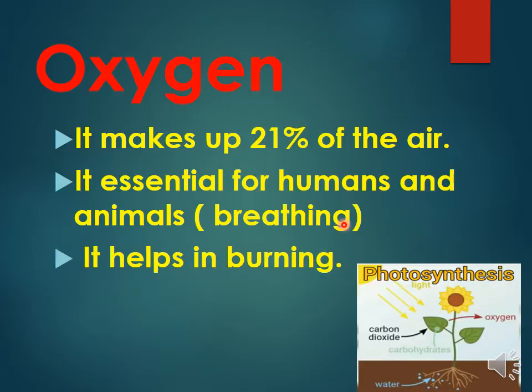Oxygen is the second most plentiful gas in the air. Humans and animals take oxygen from the air as they breathe. Green plants produce oxygen during the process of photosynthesis, and in this way the oxygen content in the air remains constant. Oxygen helps in burning, and the percentage of oxygen in the air is 21%.